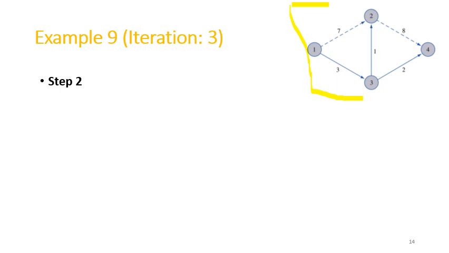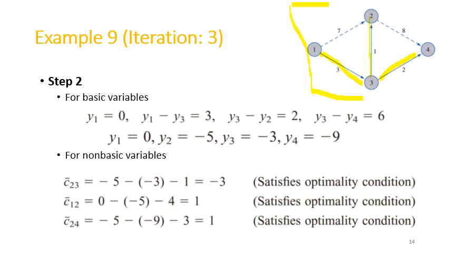Using the same procedure for the basic variables x13, x34, x32, you use them to compute the y's. Once you solve the y's, again I emphasize that you need to remember to set y1 equals 0, solve the y's using only basic variables, and then use these values to compute the c hat for all non-basic variables.